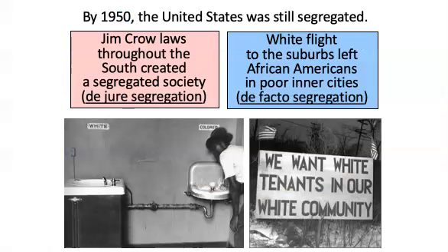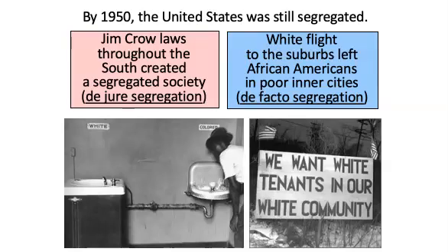Now, by 1950, the United States was still a segregated society, but we were segregated in two different ways. In the South, for the most part, we faced what were called Jim Crow laws, and this created a segregated society through what was called de jure segregation, or legalized segregation, segregation by law. Now, this was a little bit different than what most African Americans faced in the North.